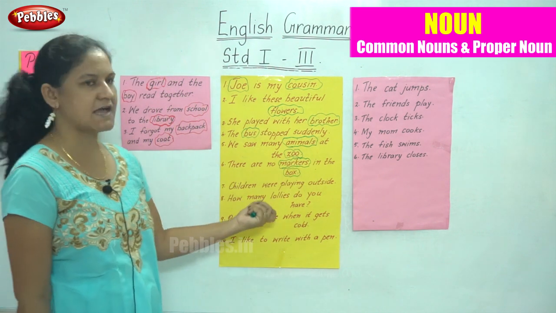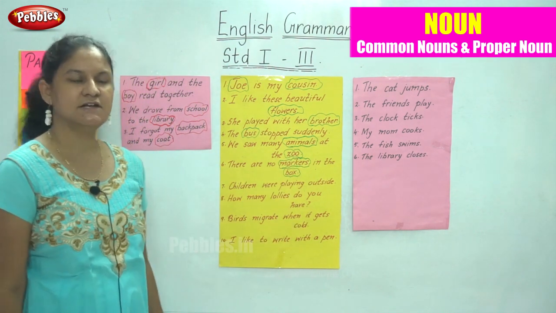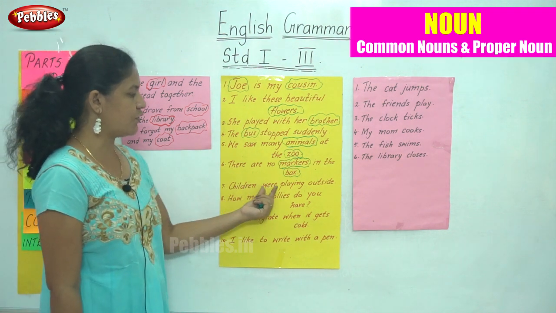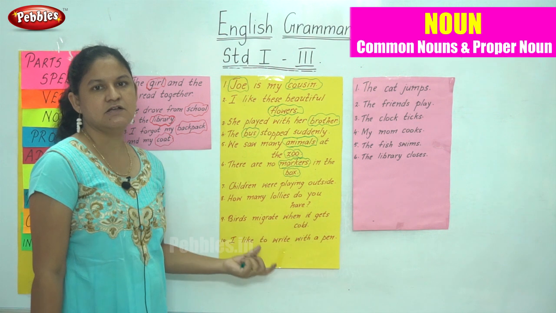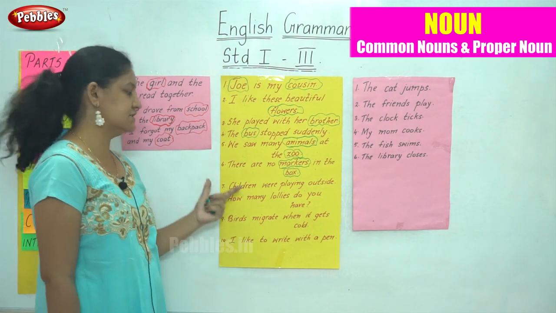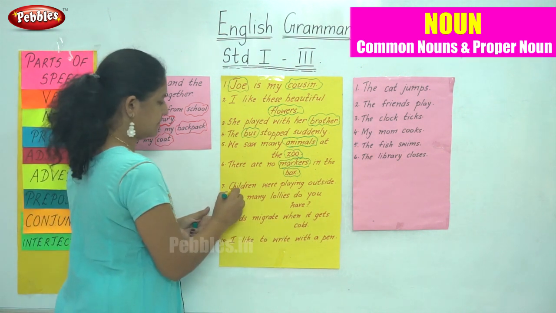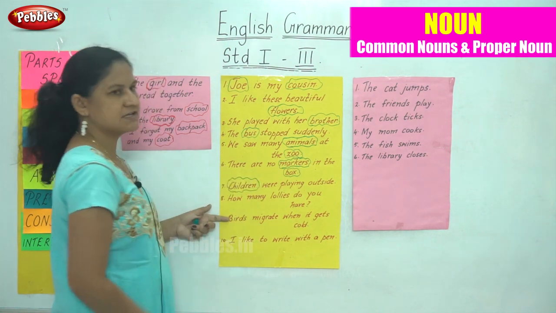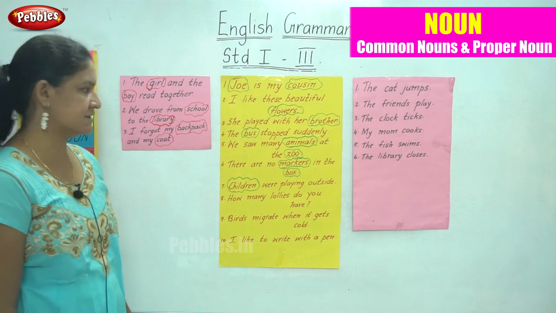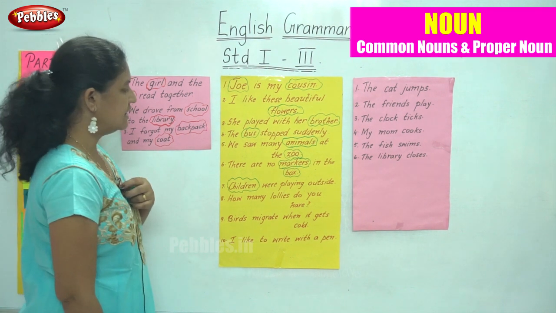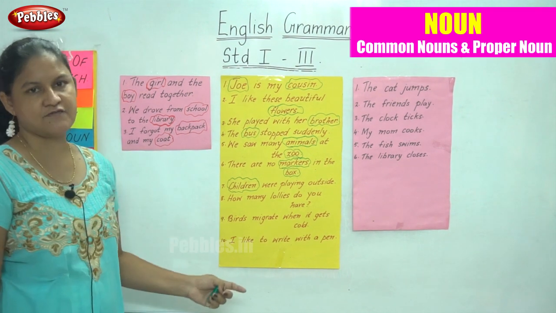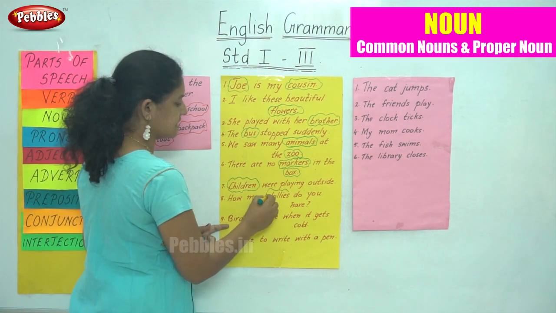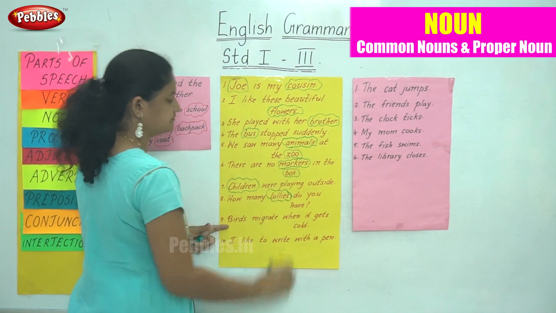In the next sentence we have, children were playing outside. So the noun in this sentence is the word children. How many lollies do you have? So the noun there is lollies. Lollies again is the name of a thing.